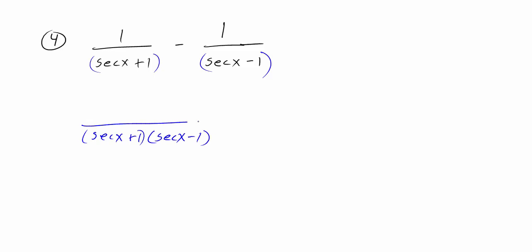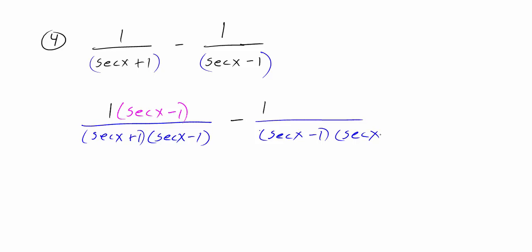So here we have the 1 on top for the first fraction, and we have the secant x plus 1, but we need to multiply by the secant x minus 1. And then for the other fraction, we already have the secant x minus 1, but we need the secant x plus 1.